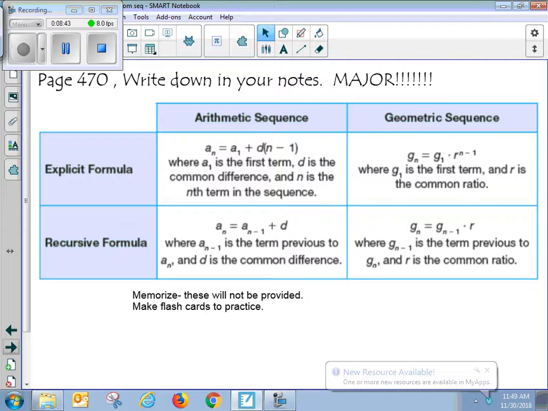This was the frame I had up for you guys earlier. It is the same rules. It's just giving you the verbiage of where A sub 1 is the first term, so you know what it represents. D is the common difference. N is the nth term in the sequence, so that's the number of terms.